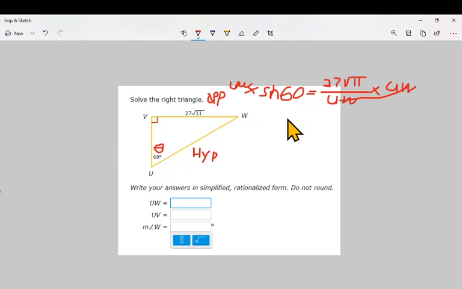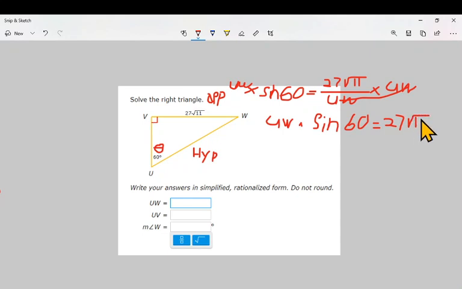And now all we have is UW times sine of 60. Alrighty, and that is going to be equal to, since the UW is canceled out, all we have left is 27 square roots of 11, or in other words, 27 times square root of 11, same thing.